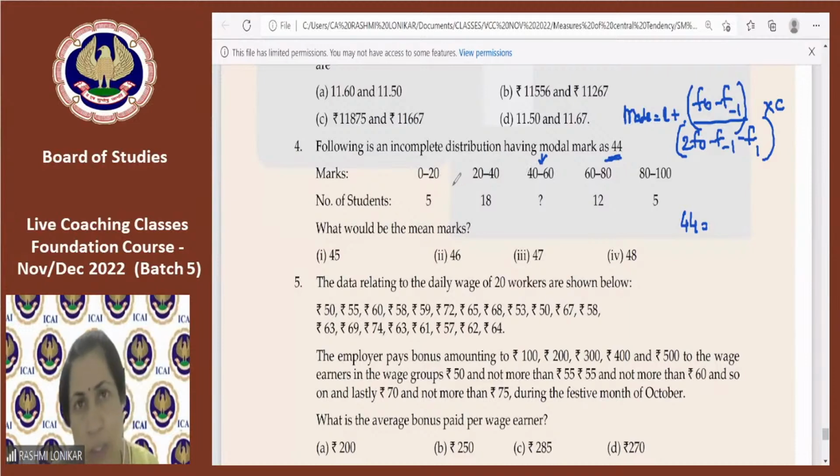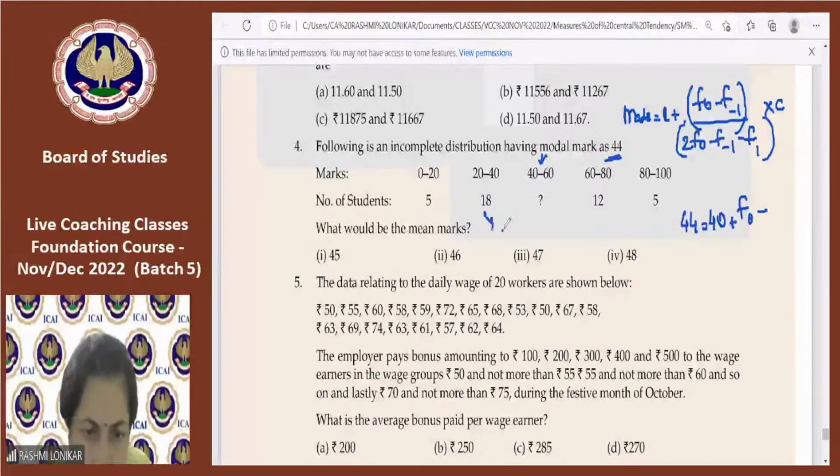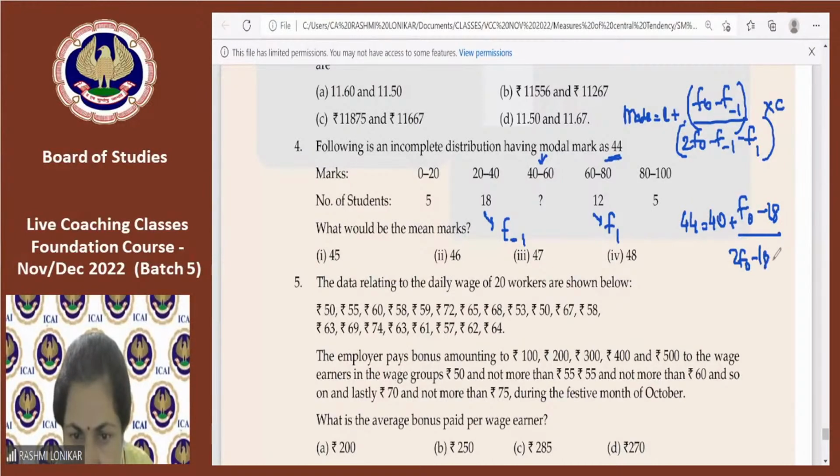First I have to check whether the given distribution is continuous. Yes, it is continuous. So 40 is the lower class boundary. So 40 plus (F0 minus 18) upon (2 times F0 minus 18 minus 12) into C. The modal frequency F0 I don't know. This is F of minus 1 and this is F of 1.